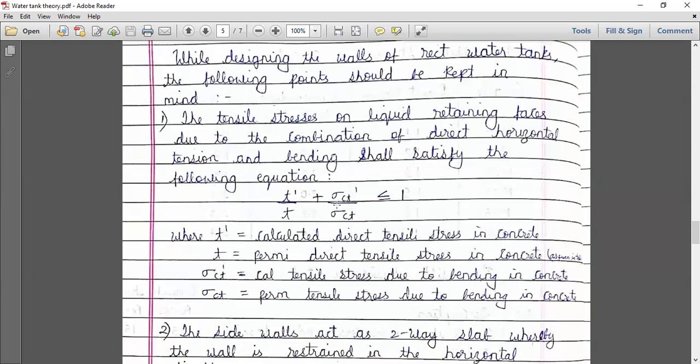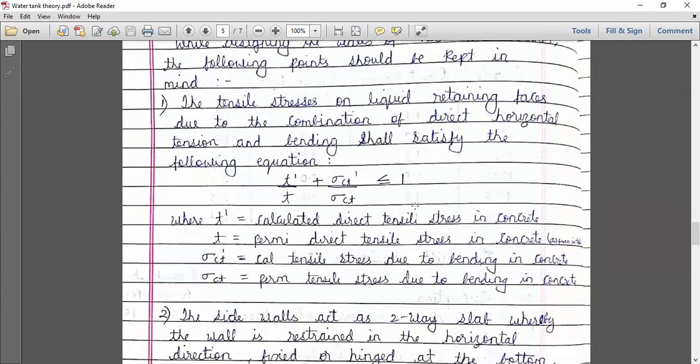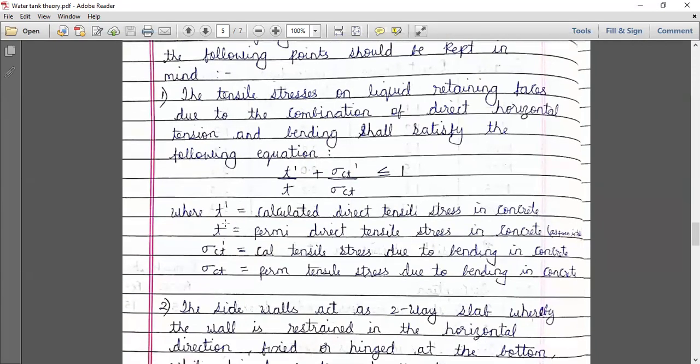Again, this equation is given in the code. T dash upon T plus sigma Ct dash upon sigma Ct should be less than or equal to 1. Where T dash is the calculated direct tensile stress in concrete, and T is the permissible direct tensile stress in concrete. This value is given in the table.